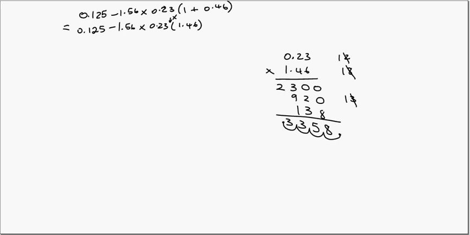So what that does is create the number for you, which is 0.3358. So that means that in the problem that we work in, it will become 0.125 minus 1.56 by 0.3358.